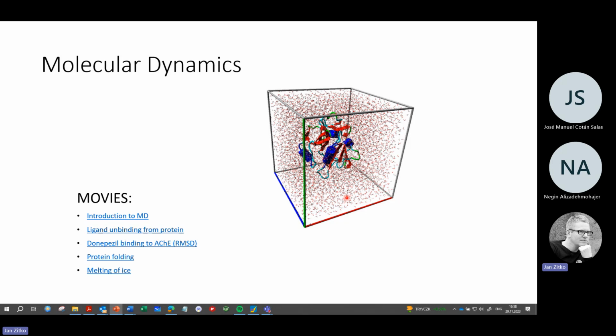So you need a day to simulate 20 nanoseconds. If you use GPU acceleration, you can simulate even hundreds of nanoseconds, let's say 200 or 300 nanoseconds per day. But just to give you an idea.